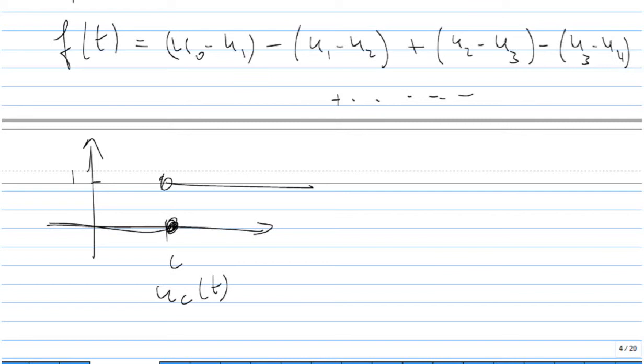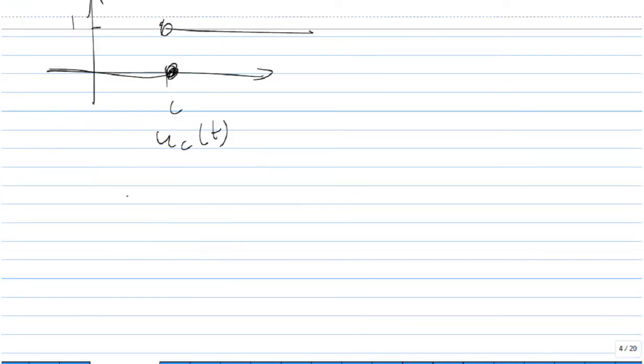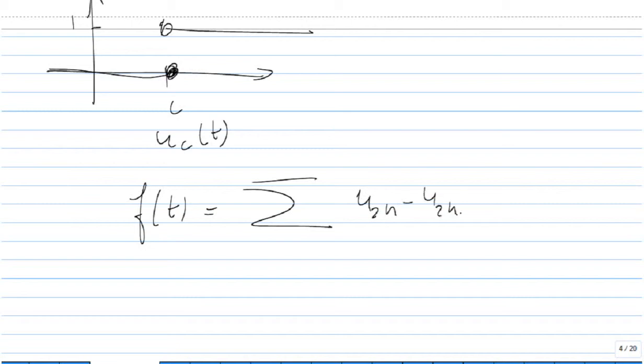Basically, the function can be written as the sum of u2n minus u2n plus 1 of t minus u2n plus 1 minus u2n plus 2, from n equals 0 to infinity.